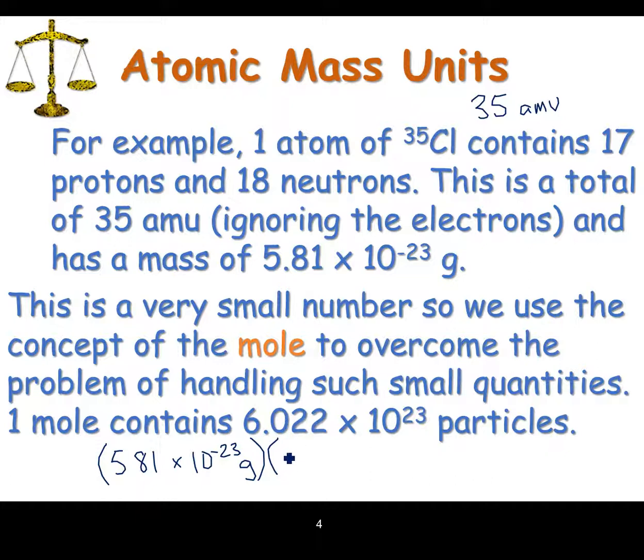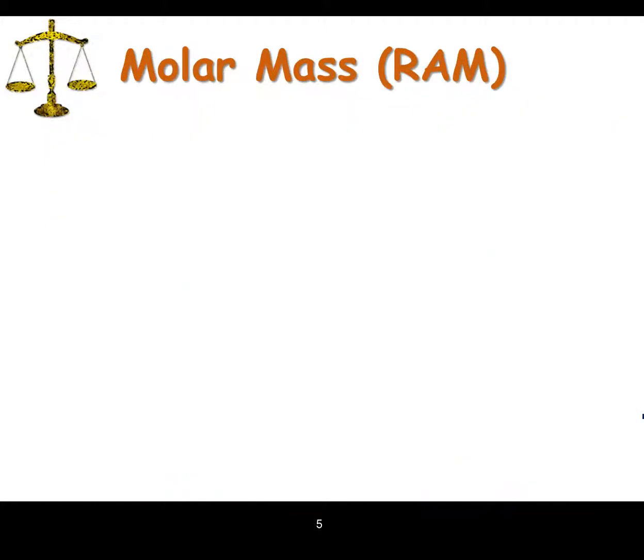Okay, so 6.022 times 10 raised to the 23rd power. In multiplying these two things together, I find the actual number of grams in 1 mole. So the grams in 1 mole, this many particles, is equal to 35.0 grams. Okay, so we'll talk more about this, but hopefully that made some sense.